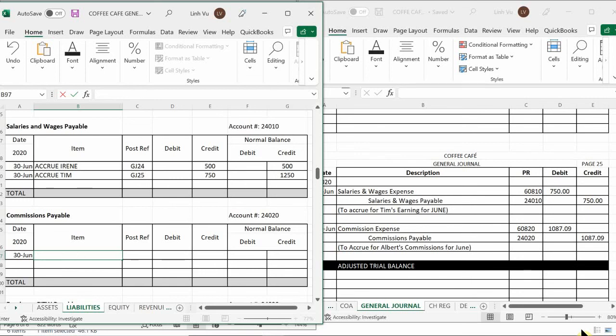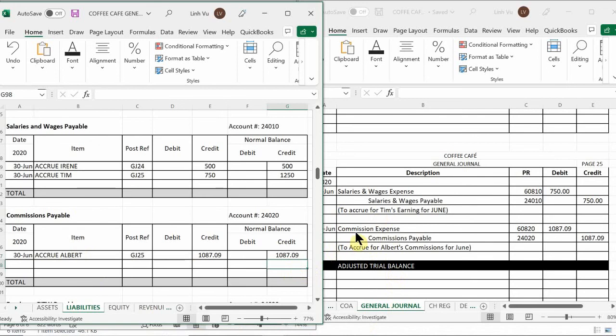Okay, wait, accrue. I'm just going to put accrue Albert. $1,087.09. Okay, so I forgot to add that in there. 1,087.09.